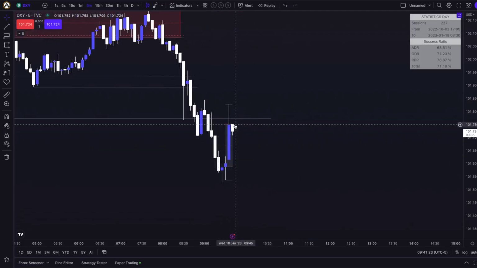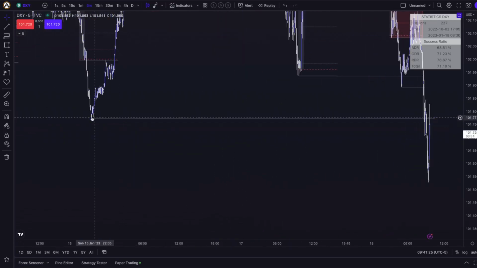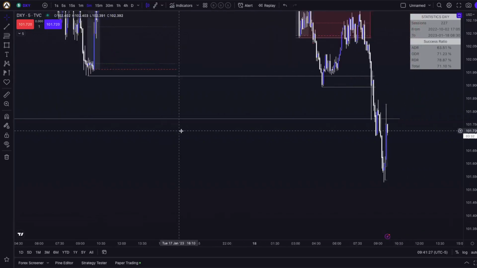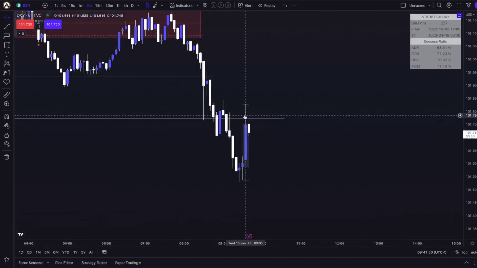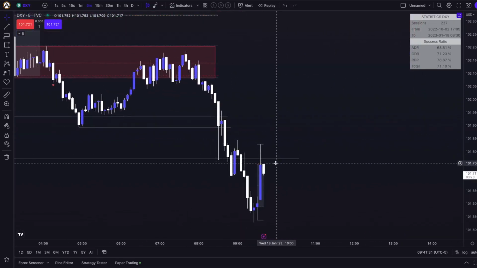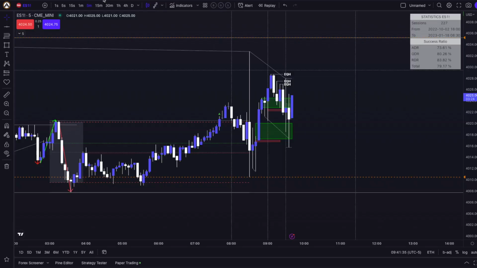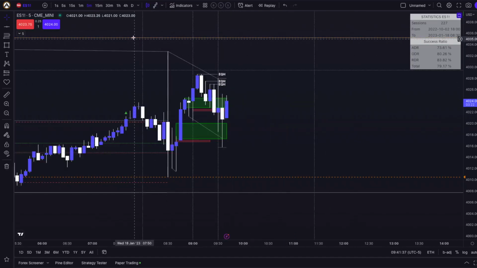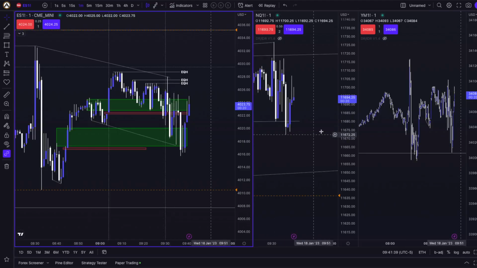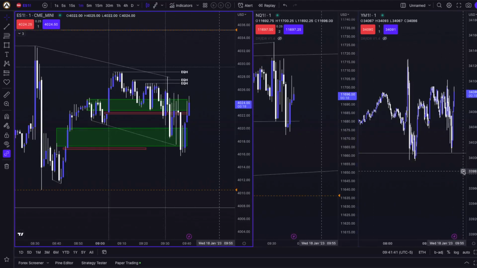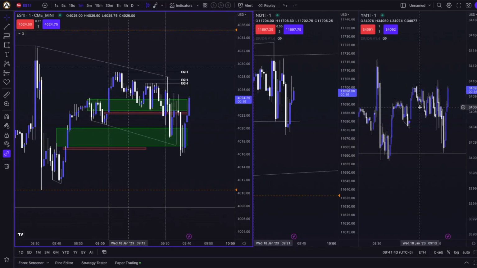Let's have a look at the DXY. We got our pullback right below our previous low of the month with a nice rejection wick to the upside. Our IDR is forming right now as well. We get this bullish reaction right here. Let's see if we see some more SMT divergence.